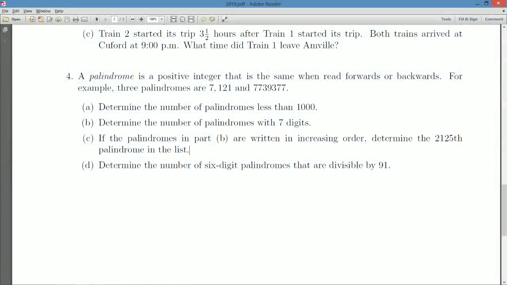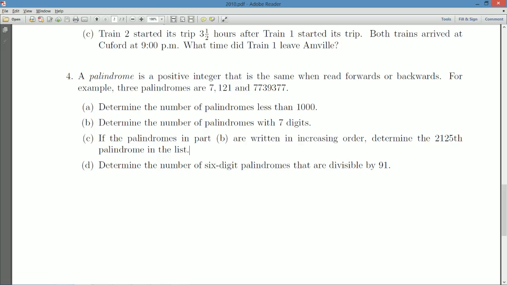Okay. So we're writing them in increasing order. So really that first digit, that A digit, is going to help us determine the order. Remember, we order numbers by the biggest number we see first.